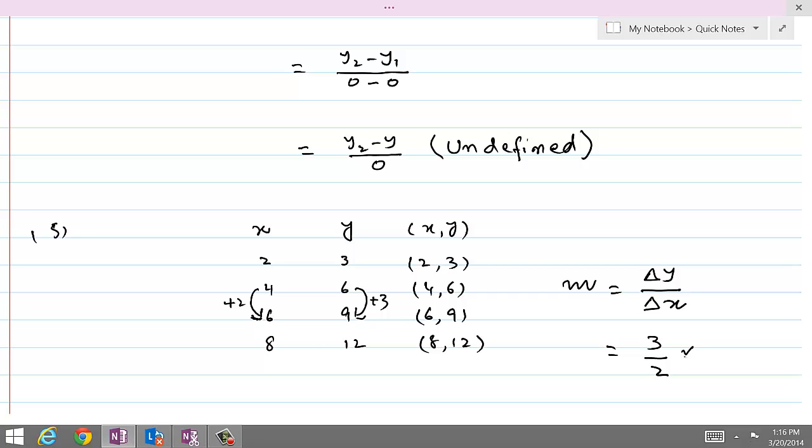So this slope is in fact the rate of change in y with respect to change in x. So this is the rate of change of y per unit change in x. And if we are dealing with speed or velocity, that could be in the distance-time graph, or it has many applications.